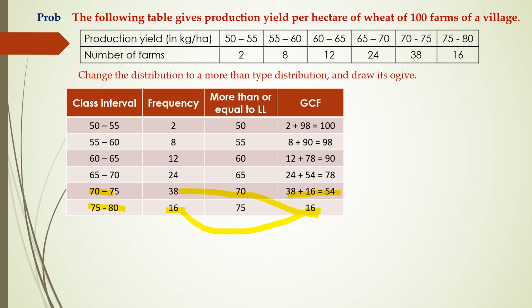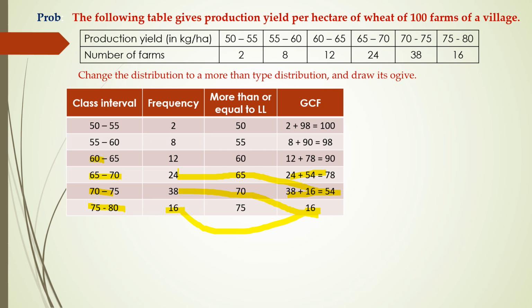For 65-70, add the frequency of that class and the cumulative frequency of its next class, that is 24 plus 54, you will get 78.